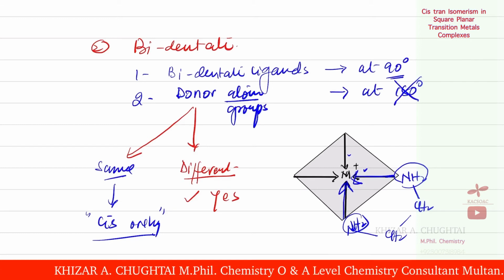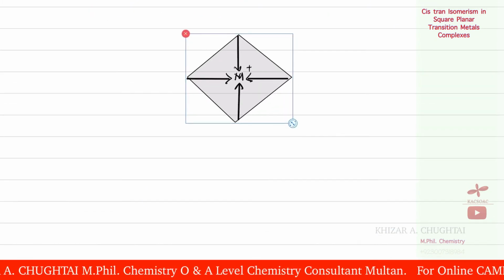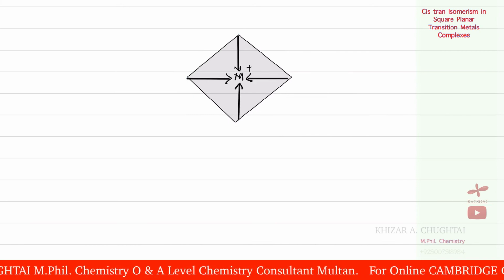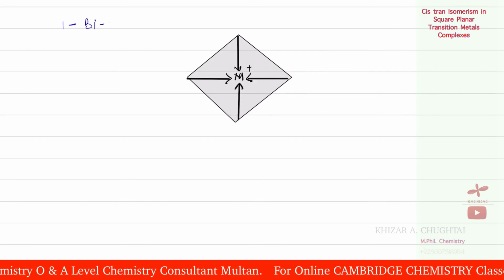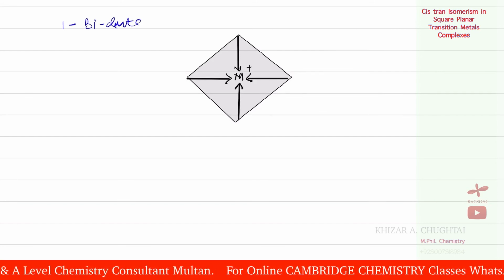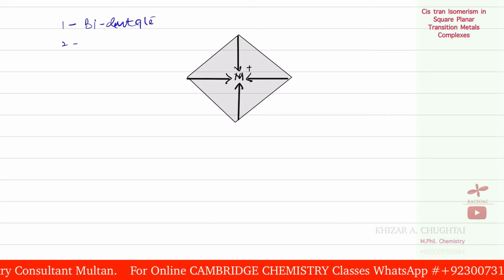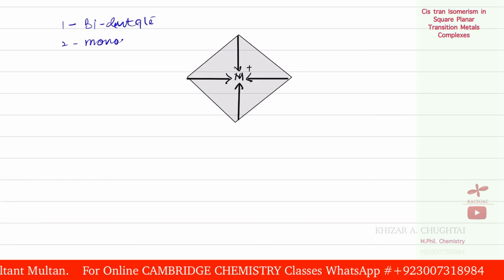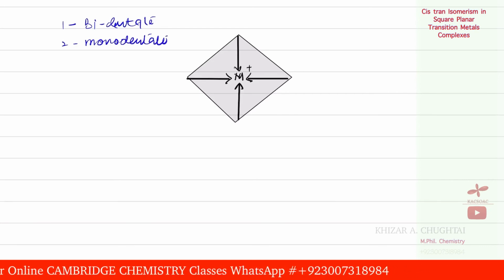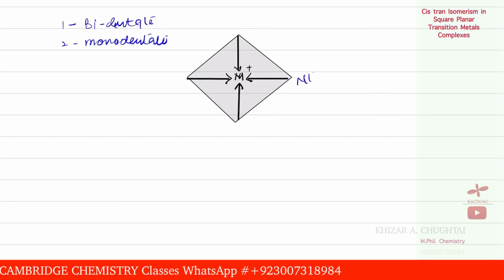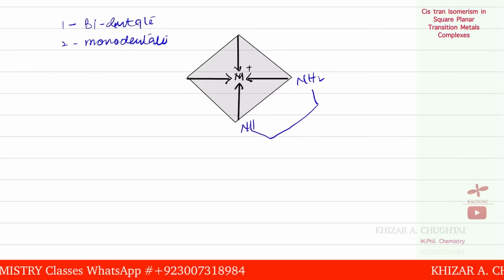It may not be cis in other cases. Let's draw in detail. For example, here's a complex with one bidentate ligand and two monodentate ligands: NH2, carbon, carbon, and NH2.